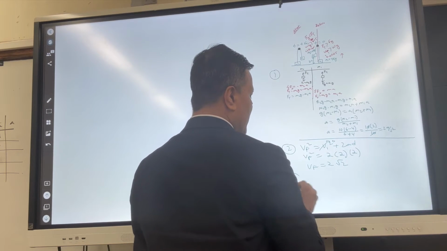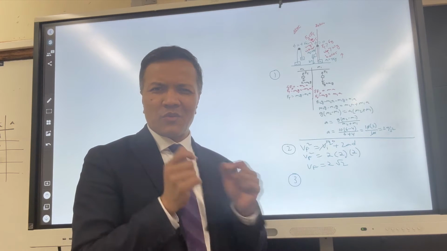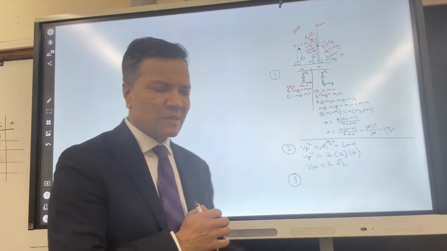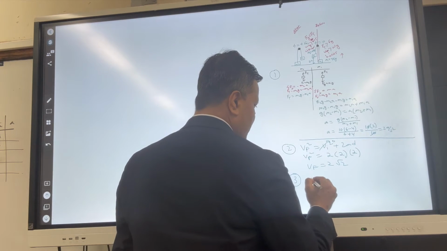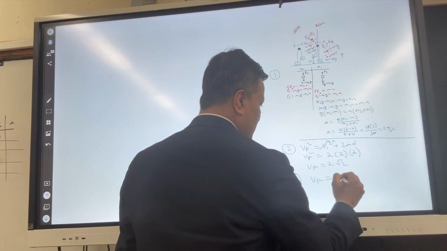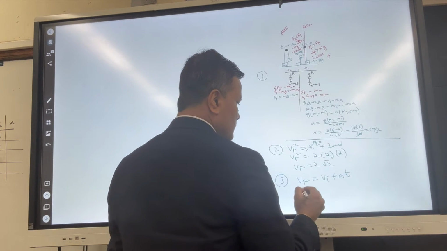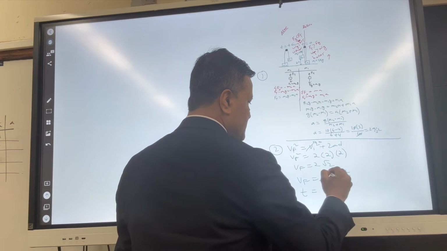I'm going to quickly find the time, the time the impact velocity took place. You already know the impact velocity, so the time would be what? Vf is equal to Vi plus at. So t would be Vf over a because Vi is 0.